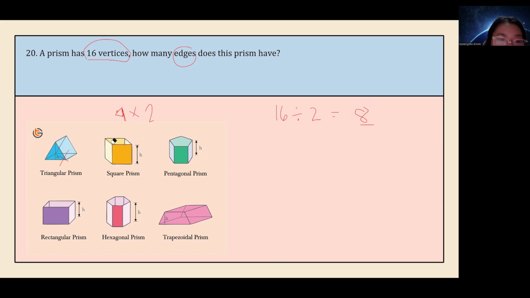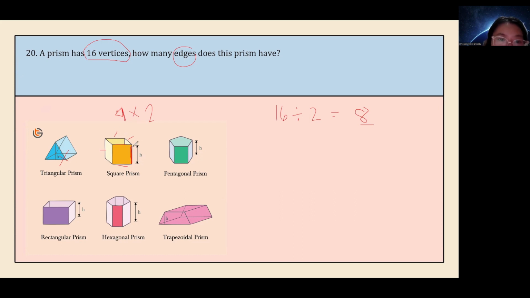In this case, you look at one face and notice that one edge is from the base and another edge is from the base, and one is shared by two faces. If we count it that way, this is 3 edges plus 3 edges here plus 3 edges here plus 3 edges here. Then we would get a total of 3, 6, 9, 12 edges for a square prism.